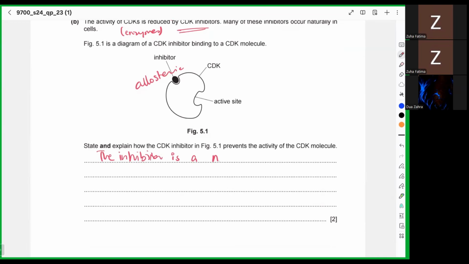The inhibitor is a non-competitive inhibitor binding to the allosteric site.